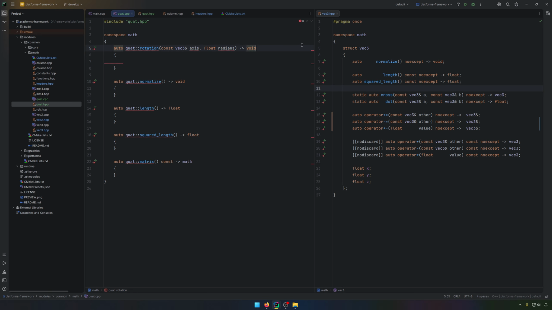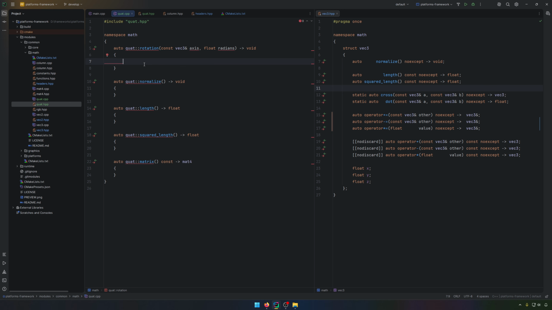Like I said, the angle needs to be in radians. Why not degrees? Because in general with angles, radians are better. When we are referring to radians, we are talking about pi and all that stuff around circles, mathematics.